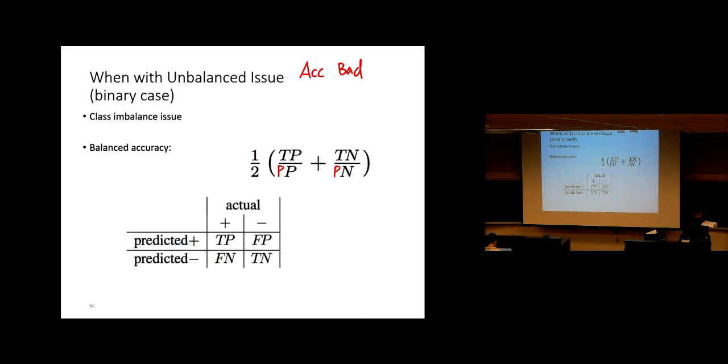When I say class imbalance, it normally means the number of actual positives is a lot smaller than the number of actual negatives.